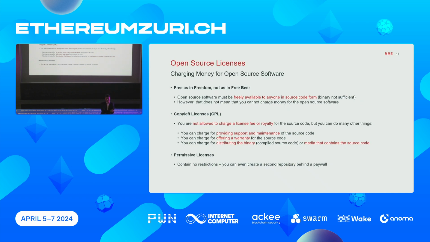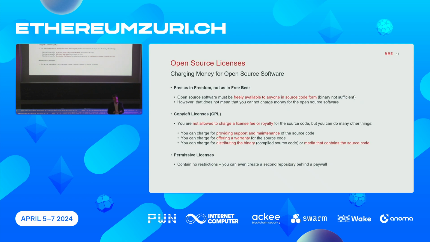So what does that mean? If you have a permissive license, you can do whatever you want. You can sell it. You can even say, I'm going to hide my code behind a paywall. I'm going to have it on GitHub and on my own paywall where I charge $1,000, completely legal. But with copyleft, it's a bit more difficult. The one thing you cannot do is charge a software license, because the software rights are given away freely. But you can charge for providing support.